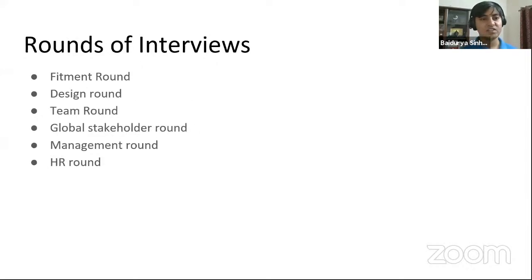So these are some of the suggestions. Looking at the interviews, it normally varies from company to company, but these are the things that are being looked into, like how the person fits. There might be a fitment round where HR might call you and ask about your skills and your experience. Sometimes a designer might call you for 30 minutes and do that.